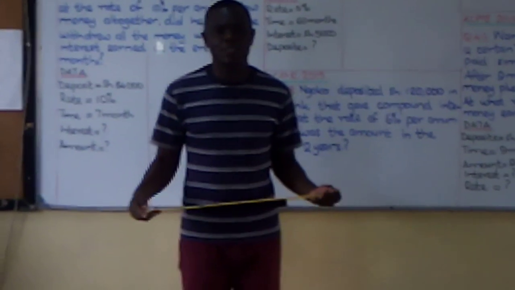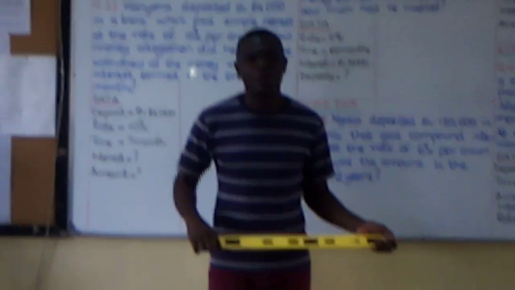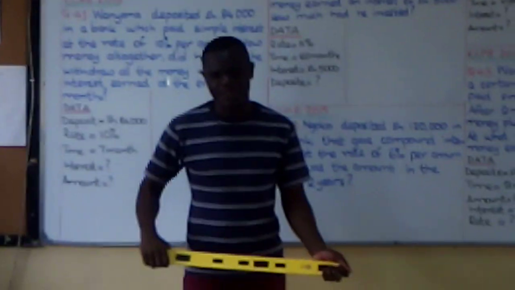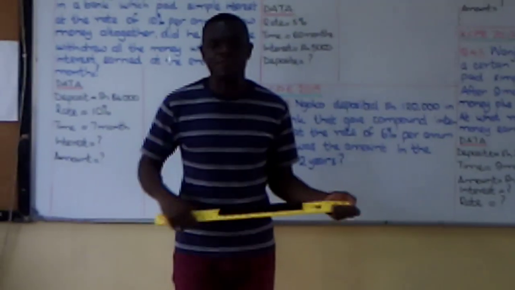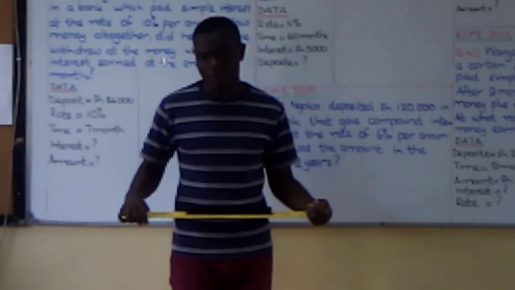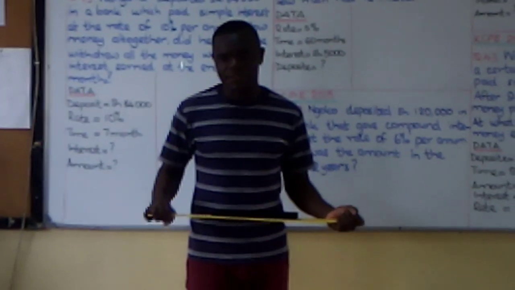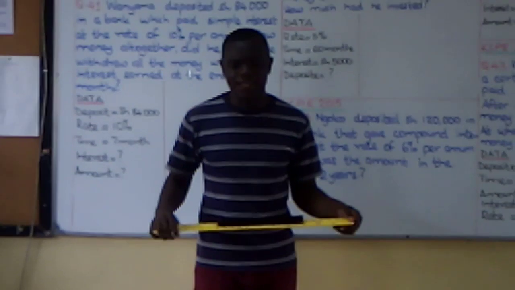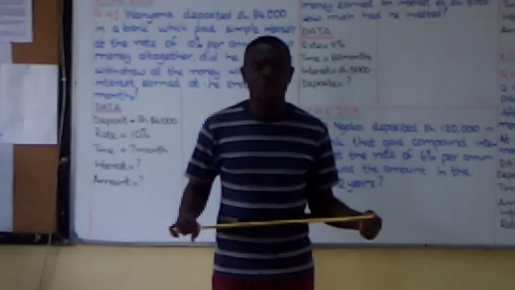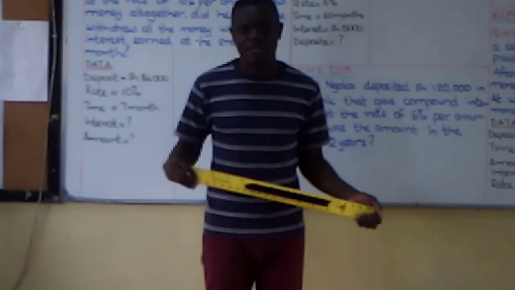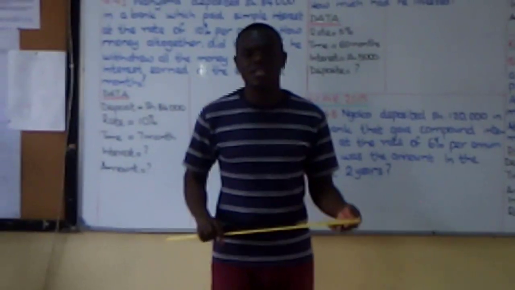Today, I want us to revise on simple and compound interest. I have endeavored to get KCPE papers from 2010 to 2019, and these will give you ample revision on interest. Compound interest is only introduced in class 8.